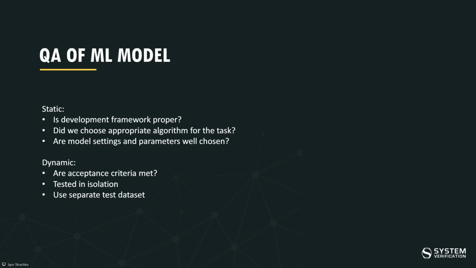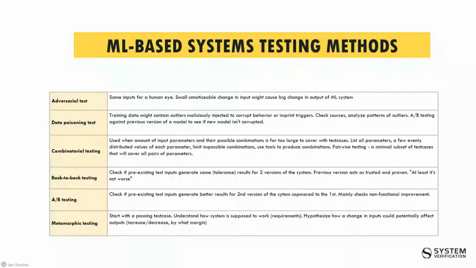The static test is basically, we are looking at the algorithm that has given birth to this model. Was it selected correctly? Did we choose the algorithm which is up to this task? And of course, the parameters of that algorithm. Now, dynamic testing involves the acceptance criteria and should be held in complete isolation and use separate test data each time, which has already been mentioned.